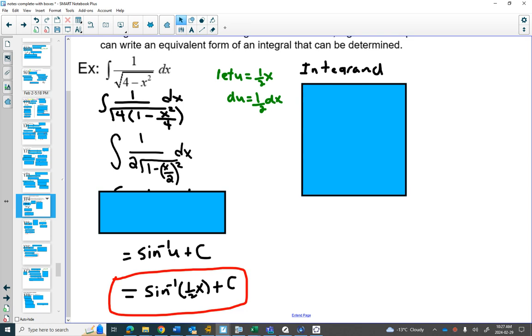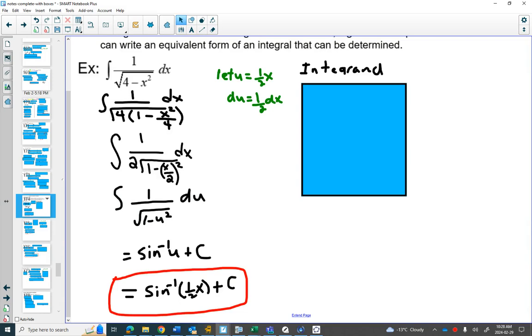Then things work out really nicely because this 2 out in front is technically a 1/2. This 2 on the bottom could be written as a 1/2, so that 1/2 in the dx can be replaced with the du. And then I have 1 over square root of 1 minus u squared, and now it matches up perfectly with our purple sheet. And we can write this as sine inverse of u plus c.